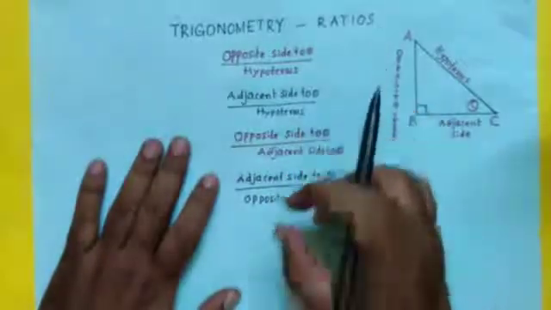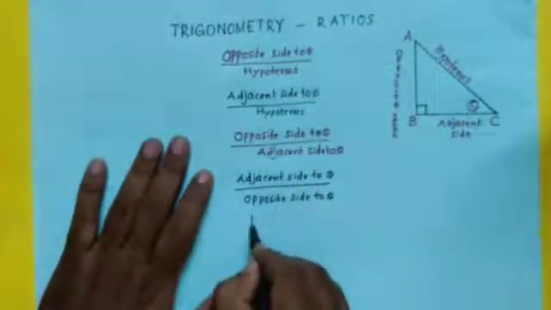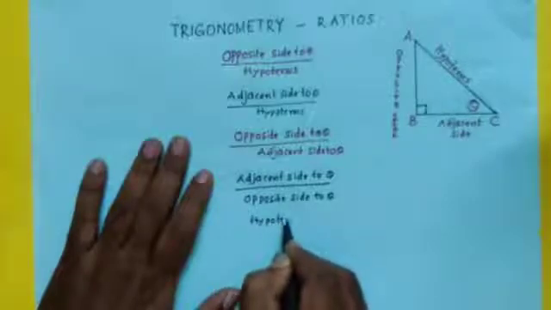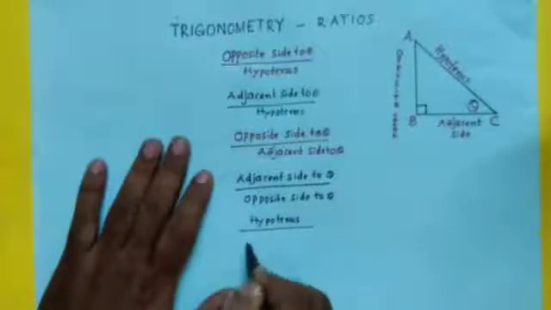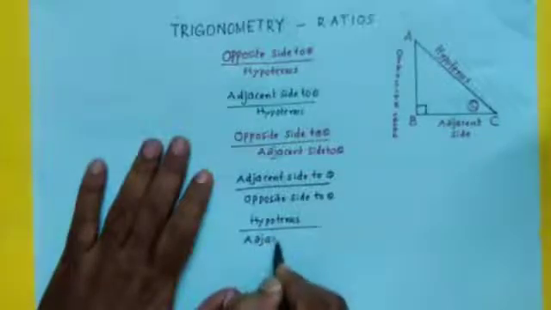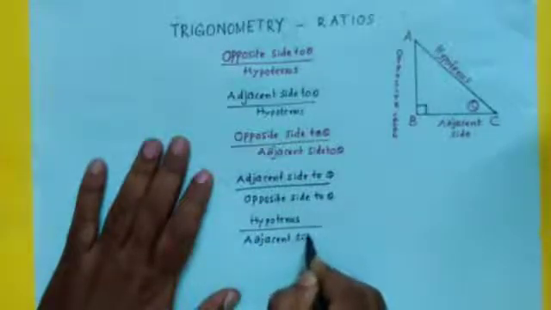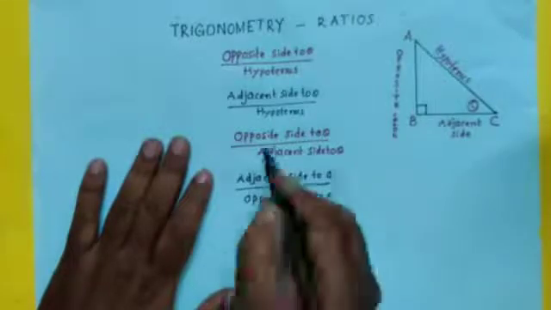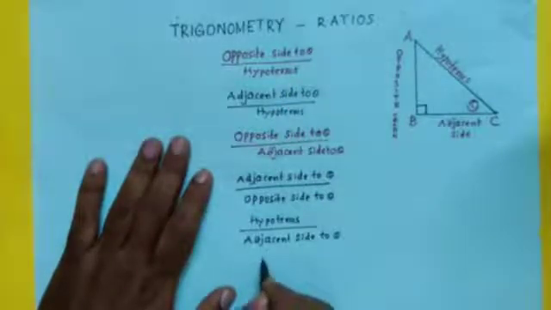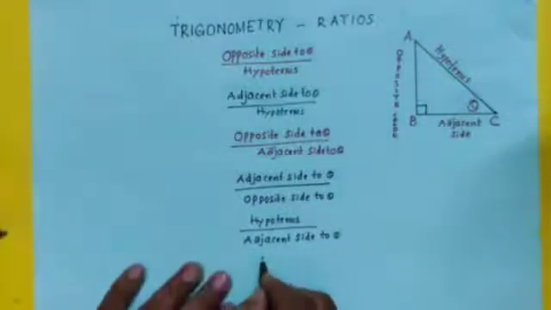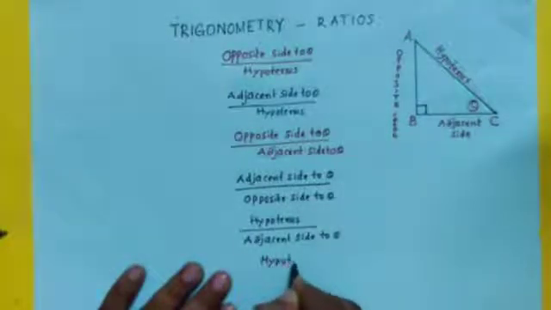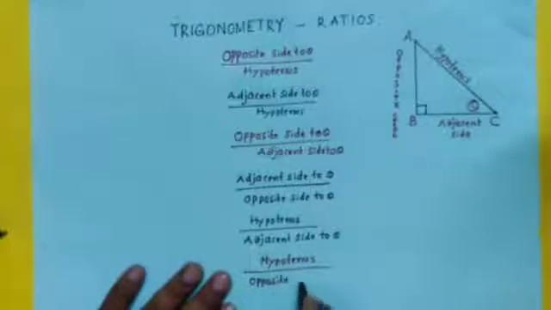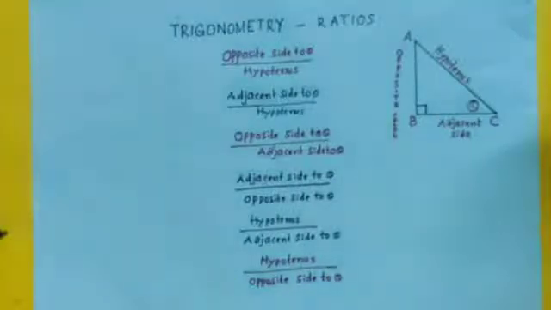This is the reciprocal of this, and this is the reciprocal of that. Then the hypotenuse by the adjacent side, and the reciprocal of the first one, the hypotenuse by the opposite side to theta. Is it clear?